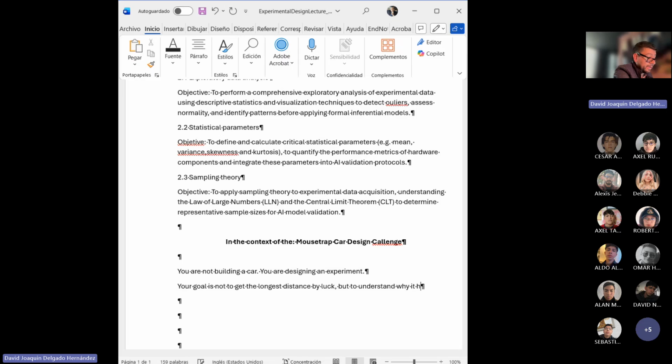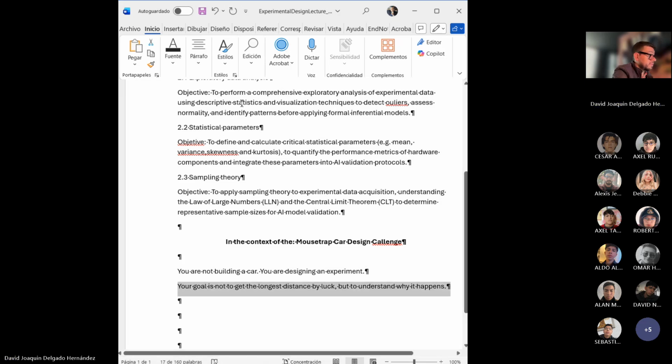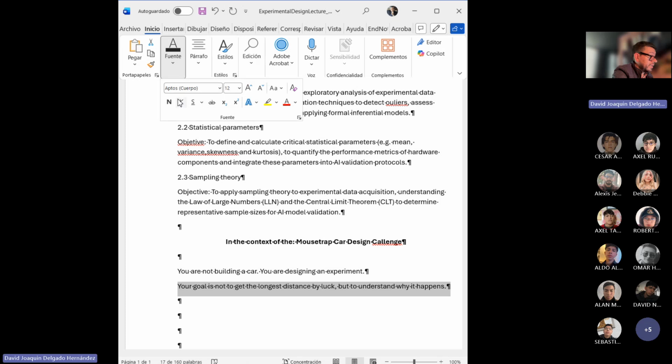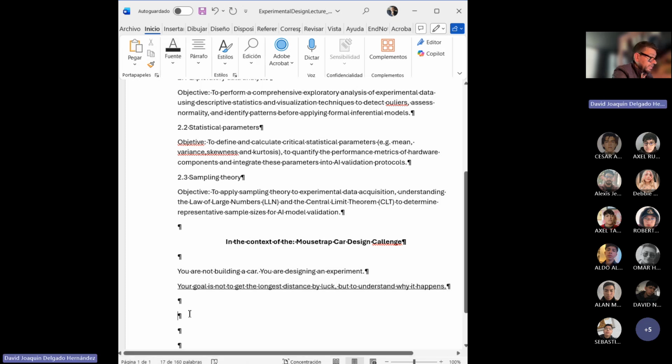That is the idea. So this is a very important thing. Let me underline this because it is the objective of this part.